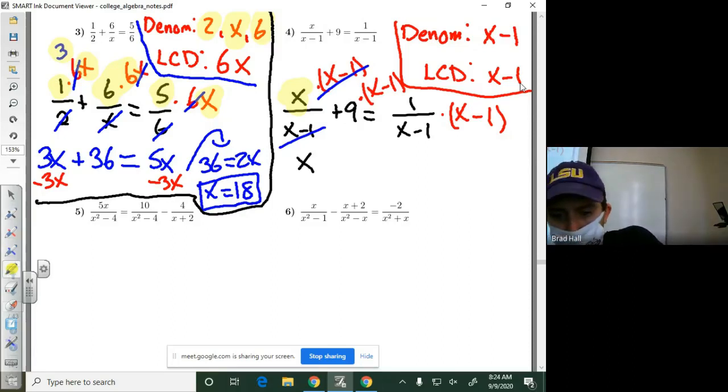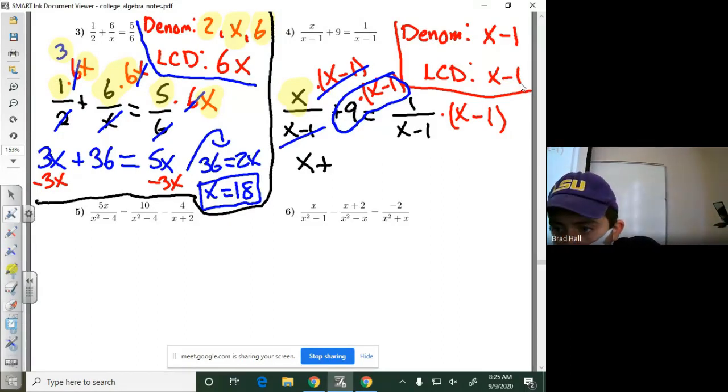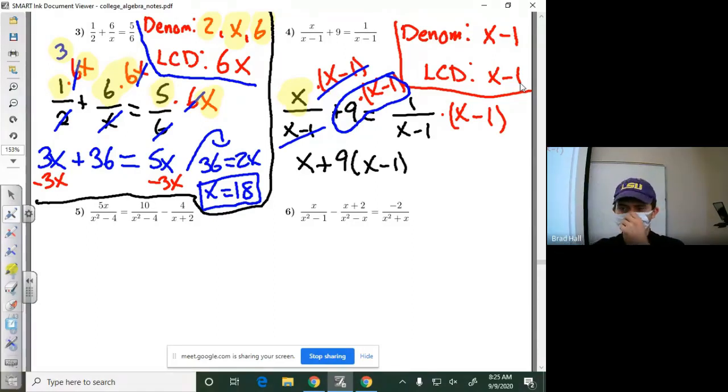Now for the 9 times x minus 1, there's no fraction, so there's no cancellation. But notice that I put the parentheses around x minus 1 because we have to distribute the 9. If you did not put parentheses around the x minus 1, then you will not know to distribute and you will end up getting the answer wrong.